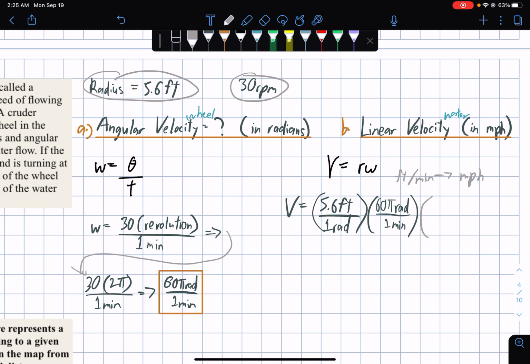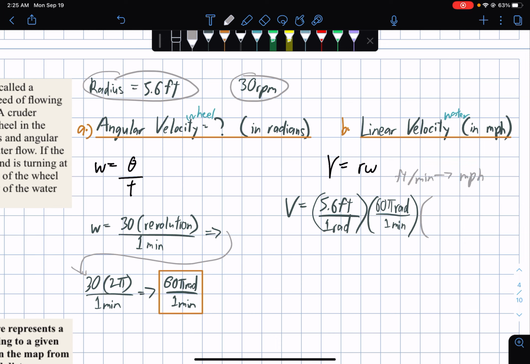So letter B, use a proportion to find the horizontal distance between A and B if the measured distance on the map is 4.33 centimeters. Okay, so we're given a clue, 4.33 centimeters. We convert that to meters, I suppose. 1 centimeter is 400 meters.